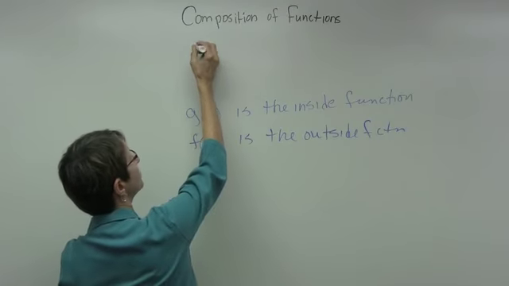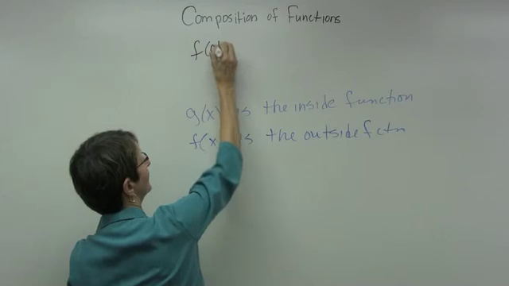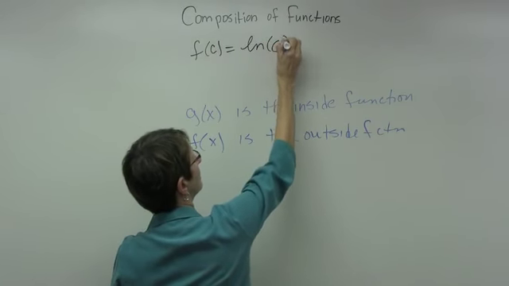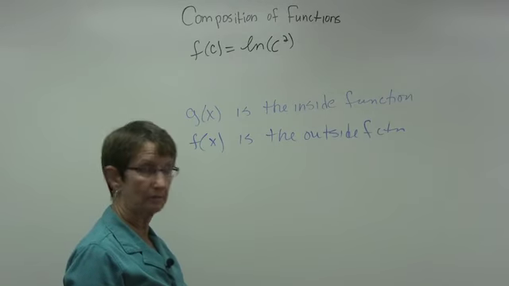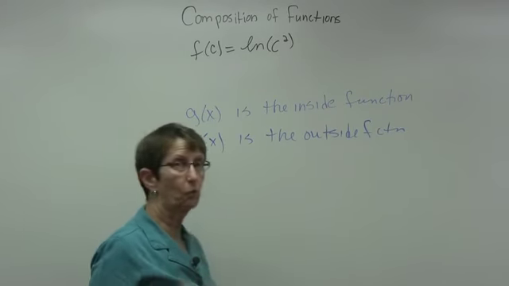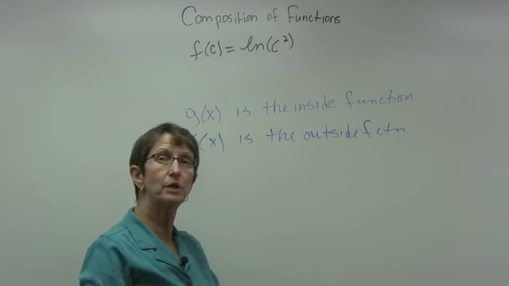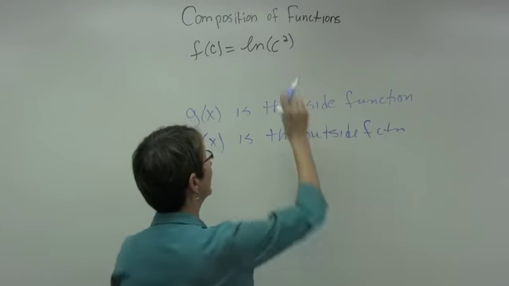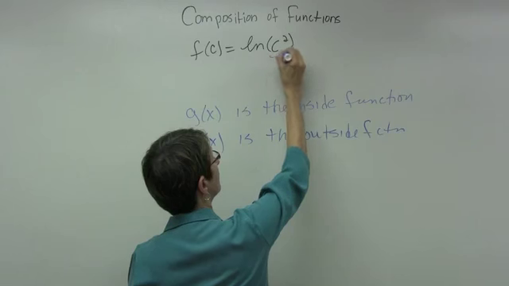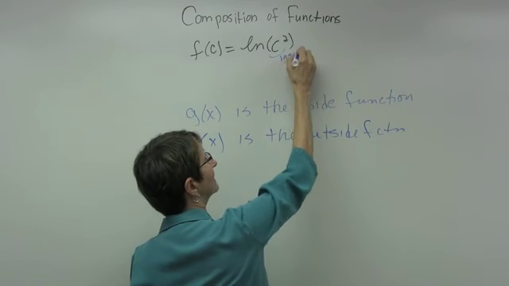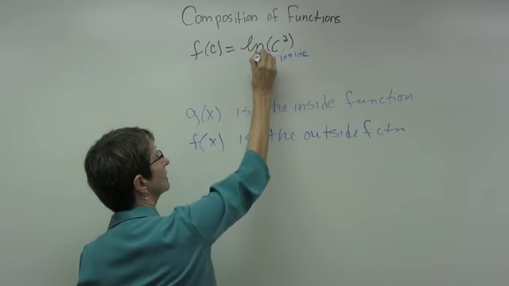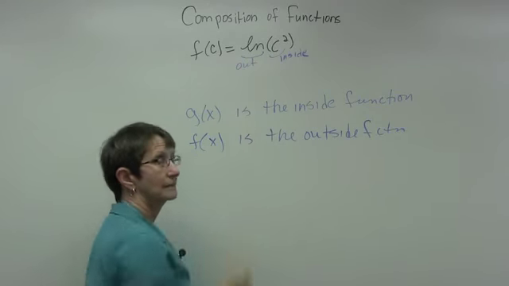Where we have a function f of c equal to the natural log of c squared. It looks like one natural log function, except notice that inside the natural log function is c squared. C squared is inside. And that means the natural log part is outside.